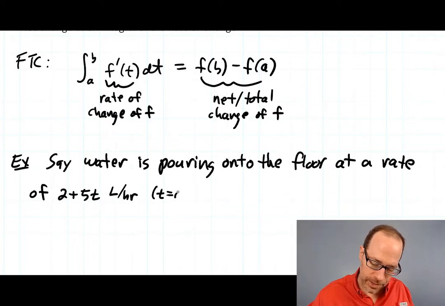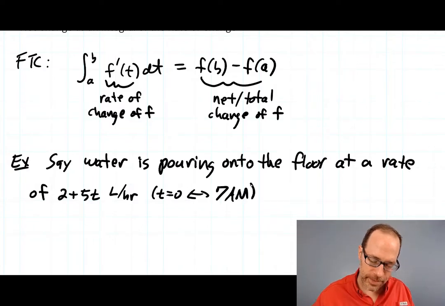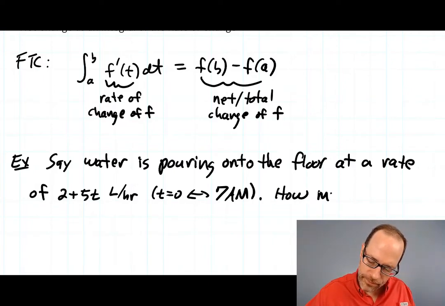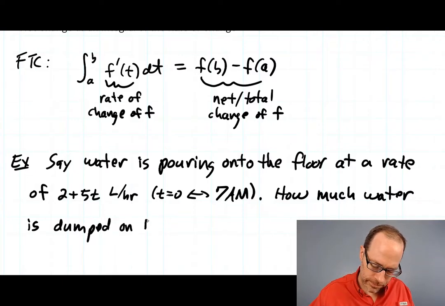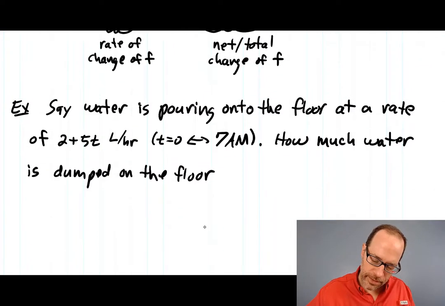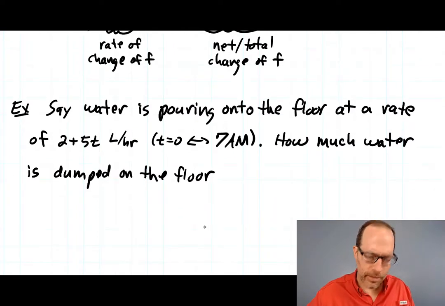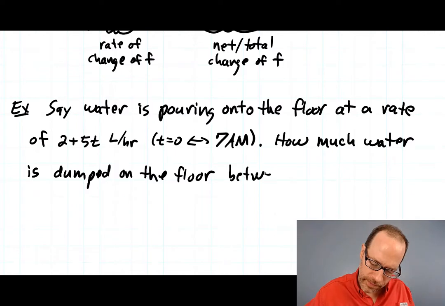Here t equals 0 corresponds to 7 a.m. And the question is, how much water is dumped on the floor between 7 a.m. and 9 a.m.?